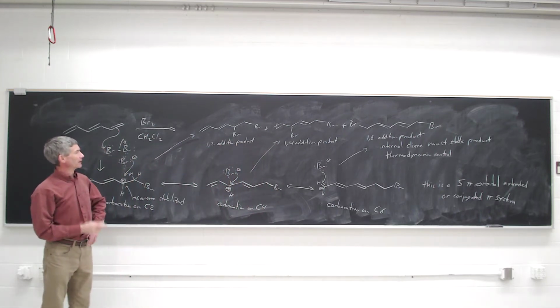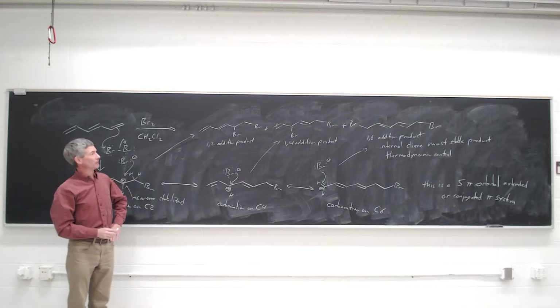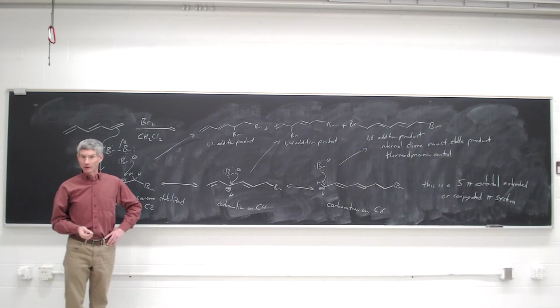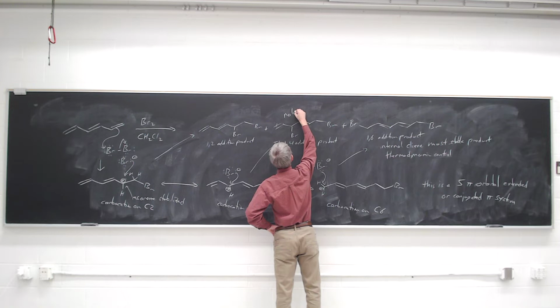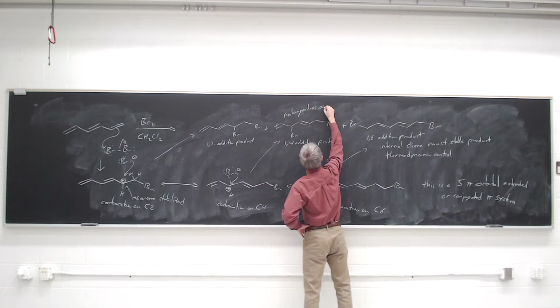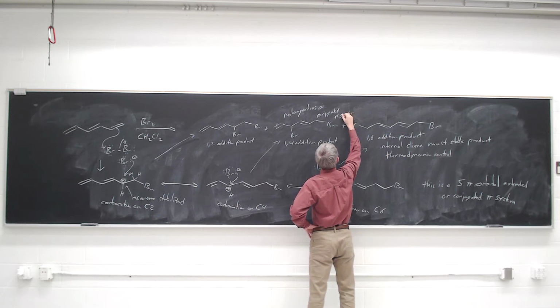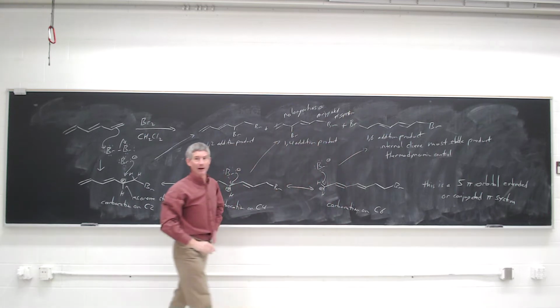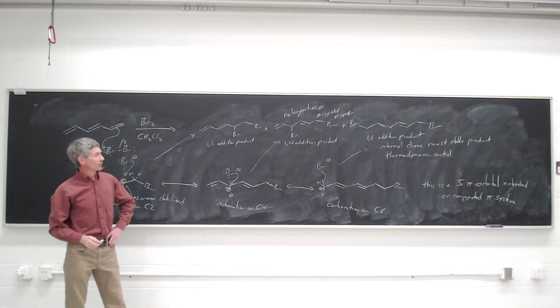The carbocation character is likely similar at carbon 2 as it is at carbon 4, because both of those are secondary carbons. But you'll notice that this no longer has a conjugated system. This has 2 isolated pi bonds. That's significantly less stable than either the terminal diene or the internal diene.